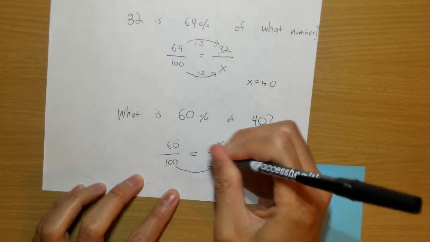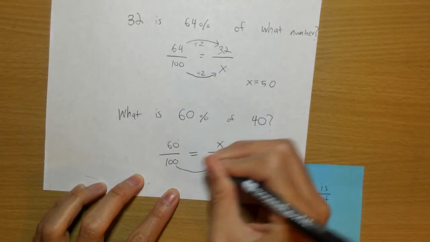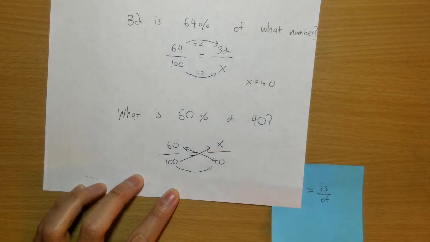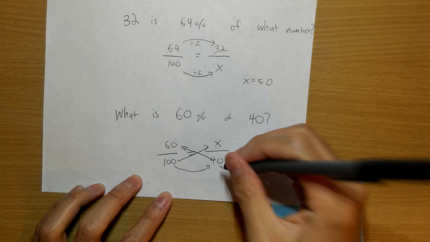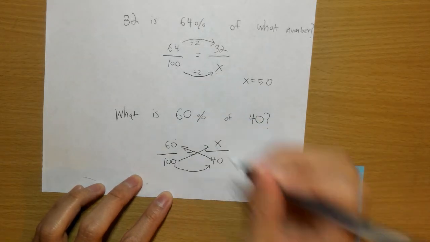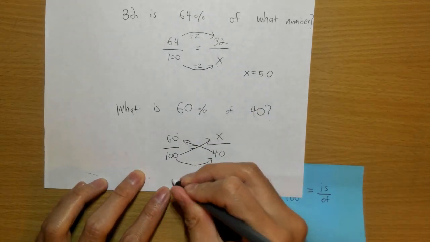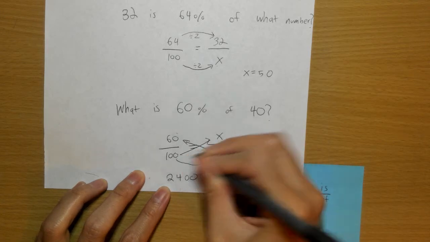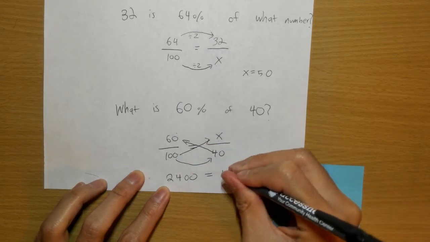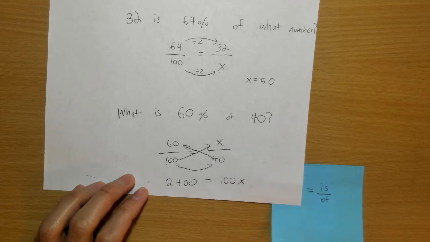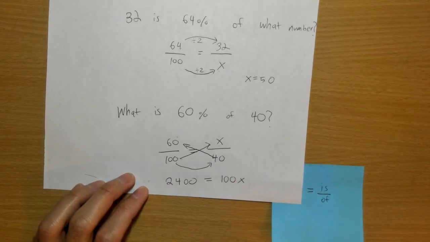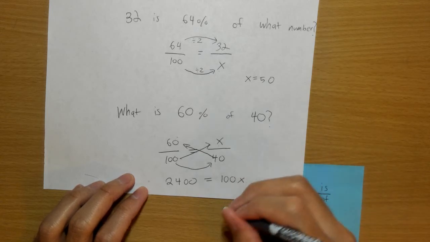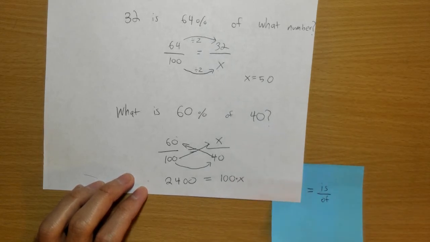What I do basically is I multiply this by this, this by this. The steps are always the same. So this by this and this by this. So 40 times 60 is going to be 2400 equals 100 times x, just 100x. This means 100 times x, by the way, even though there's no sign in between them. I'll put a little dot. There you go.